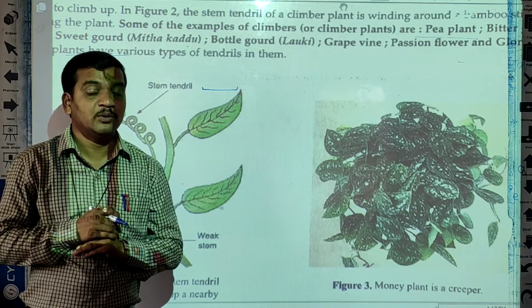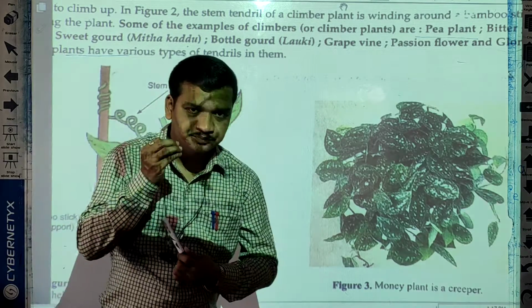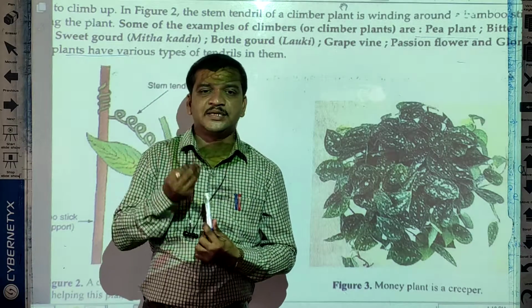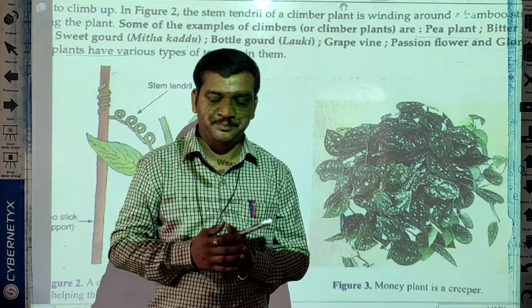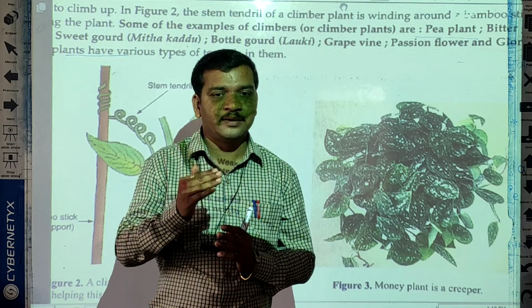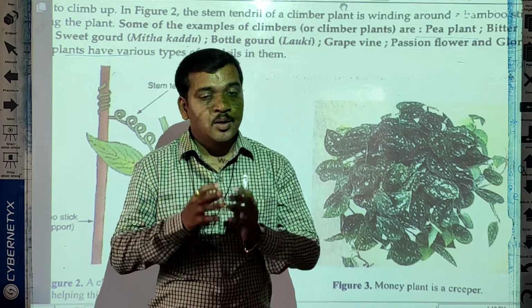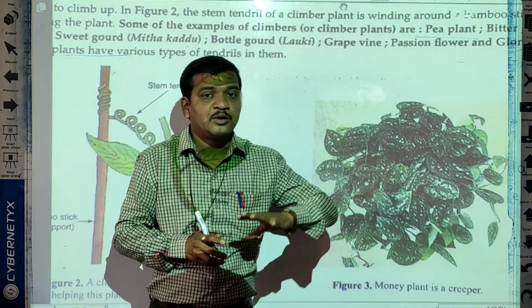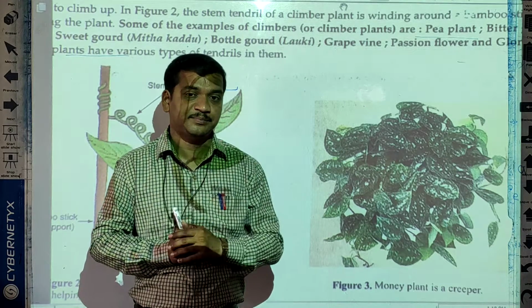Now we will talk about the creeper plants. Same as a climber, these creeper plants also have a weak, long stem, and this stem cannot stand upright. But there is one difference between climbers and creepers.